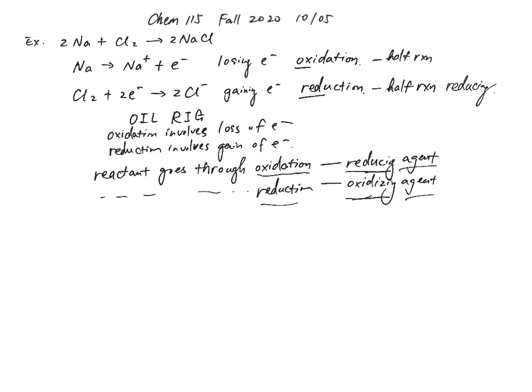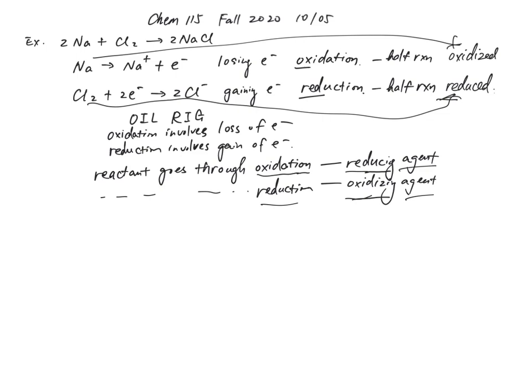So in our case of the chemical reaction, chlorine is, oh, sorry, that's not reducing, is reduced, and sodium is oxidized. If you think about it, it makes perfect sense. If chlorine is reduced, who reduced chlorine?